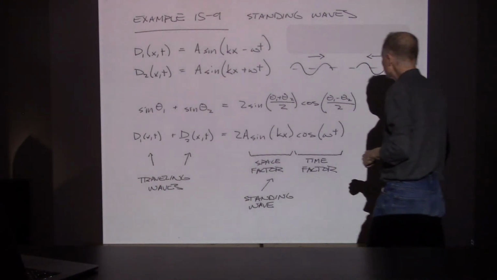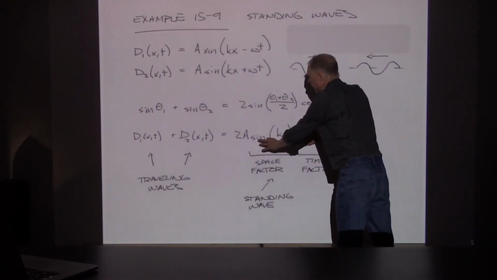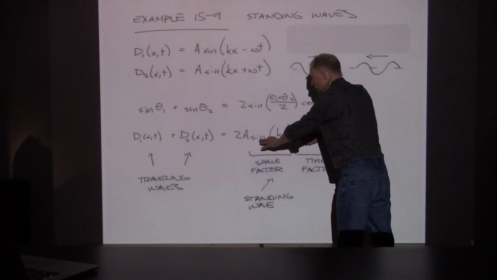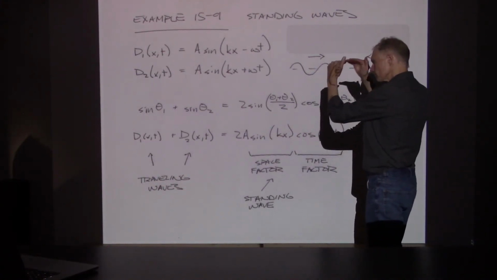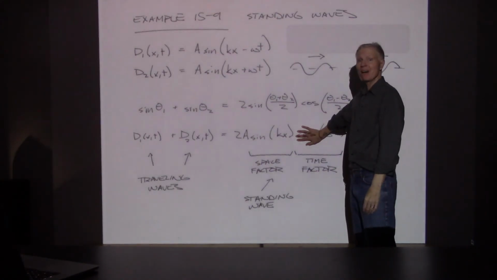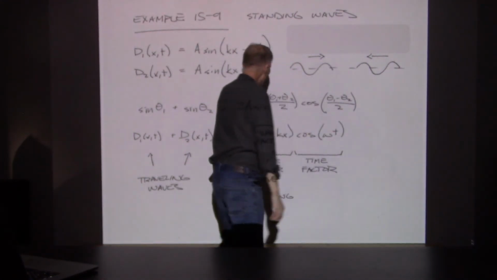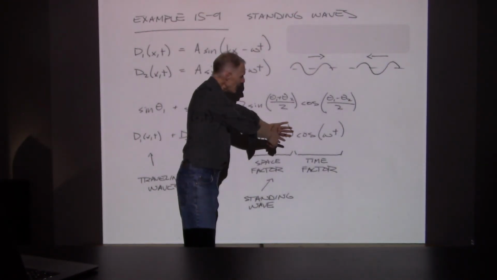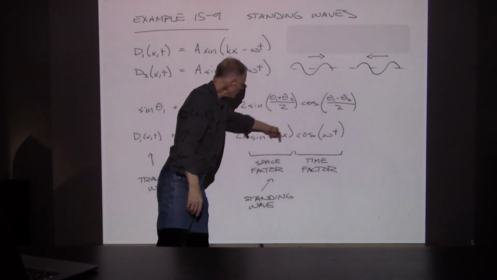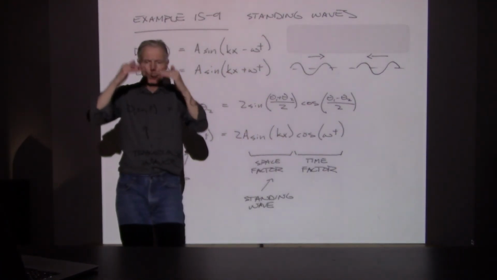So what I've got is a wave pattern, a sine function, in some region of space, but it's not moving. It's not going left, it's not going right. Instead, it's being multiplied by a time factor where every part of the spatial portion moves together.